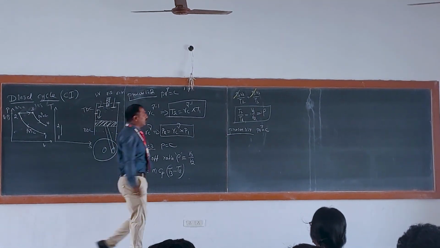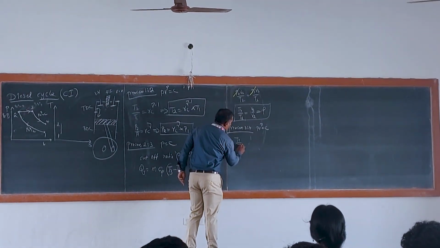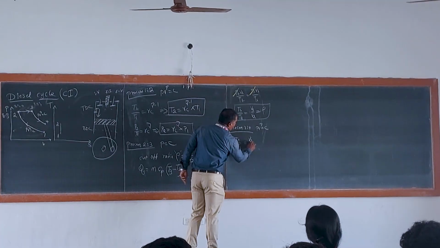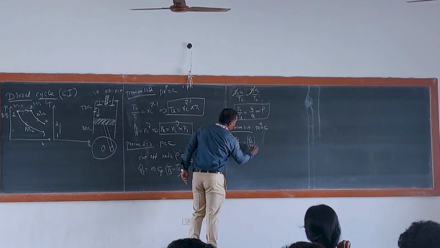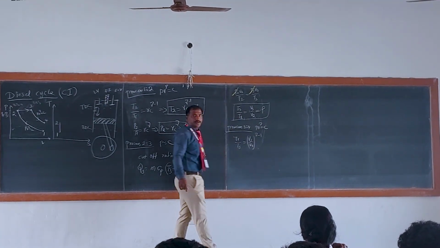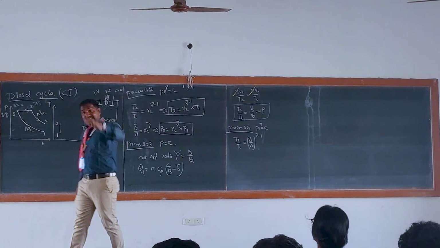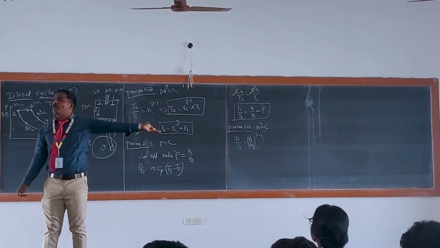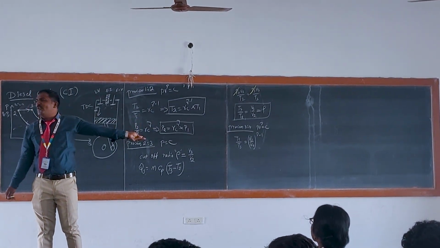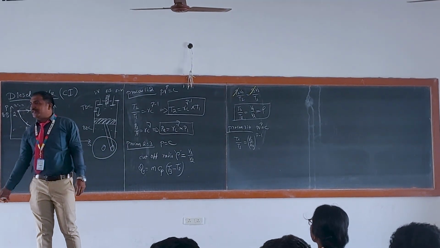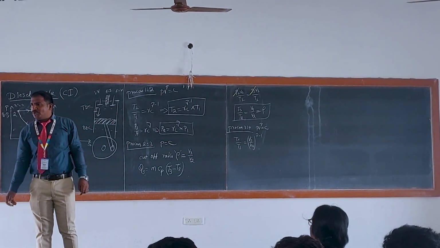Same formula, no change. So T4 divided by T3 is equal to V3 divided by V4, whole power gamma minus 1. In the last class V3 is equal to V2 and V4 is equal to V1, so we finished the problems simply.